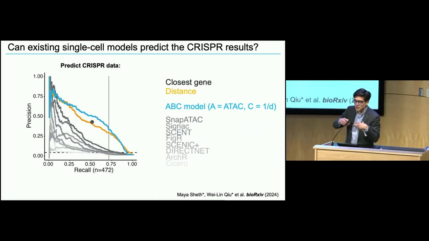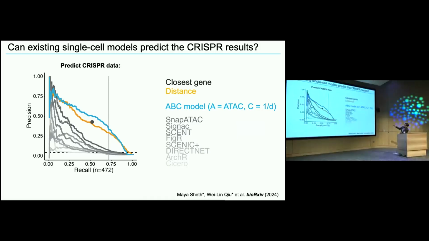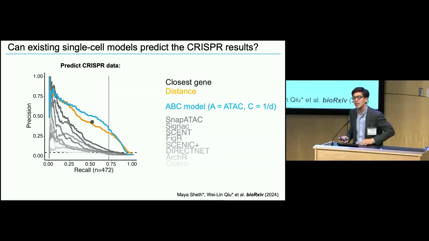If you build sort of a poor version of the ABC model where you estimate activity using ATAC-seq only, and you estimate contact with a function of distance, you can do slightly better than distance alone, but not particularly well. And it turns out ATAC-seq in particular is not a great measurement of enhancer activity compared to DNase-seq or to H3K27ac ChIP-seq.